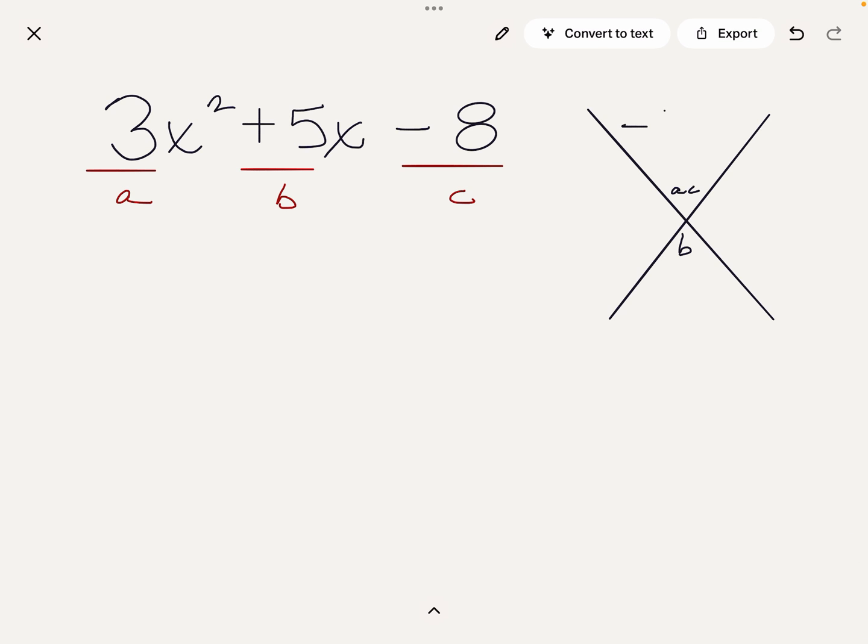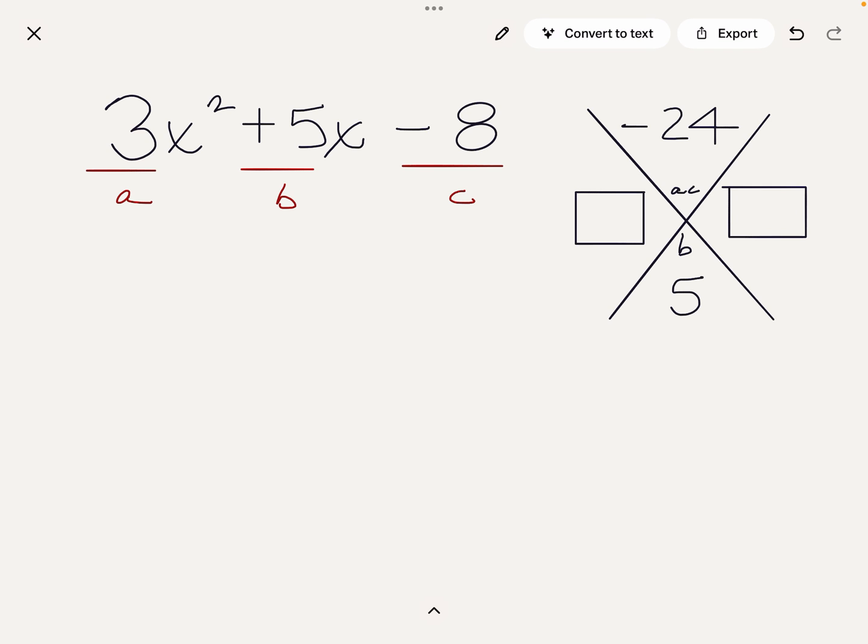So this is A, this is B, and this is C. So what is 3 times negative 8? That is negative 24. And we'll put 5 down here because that's the B term.